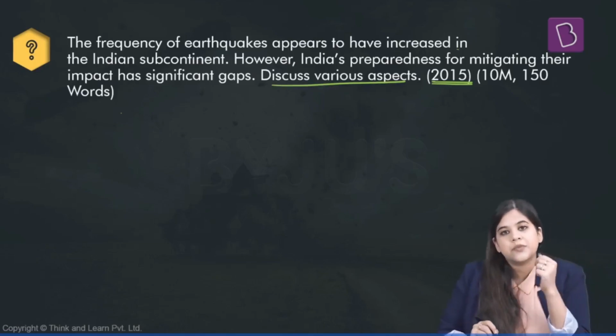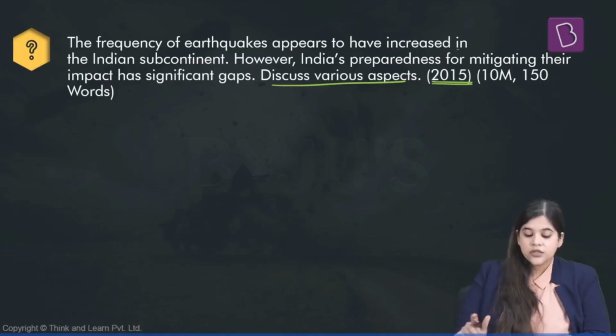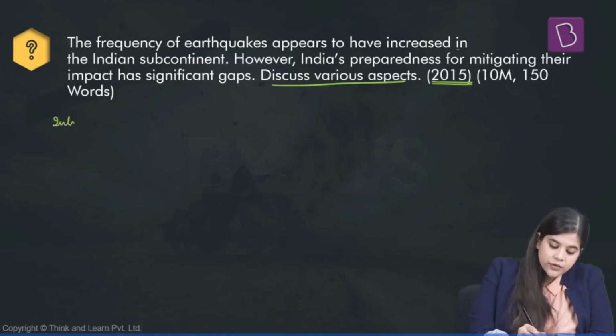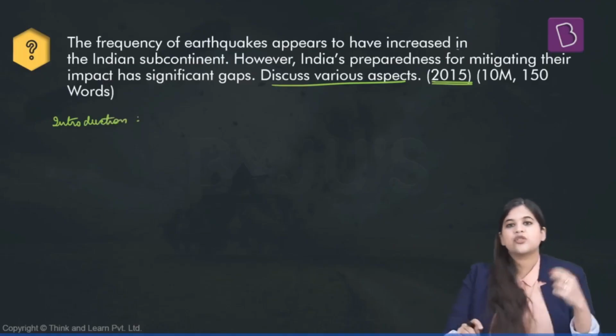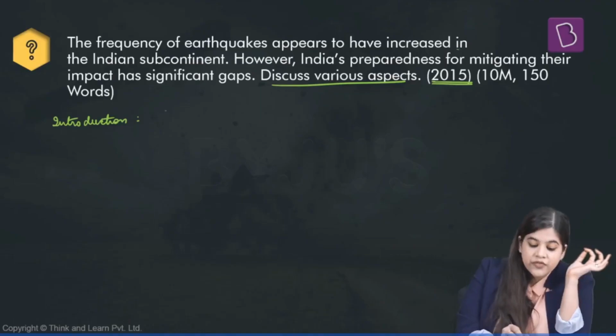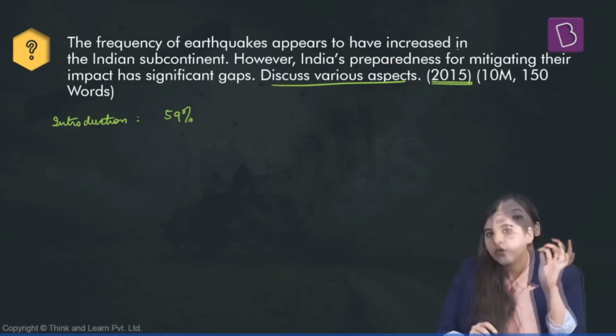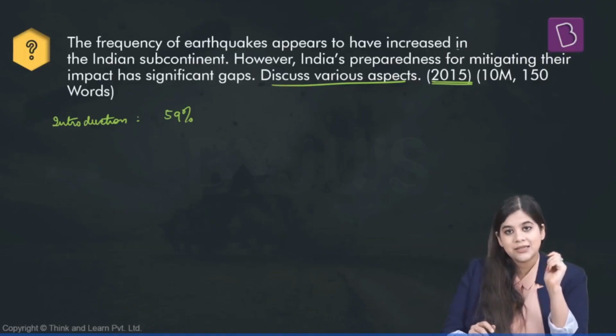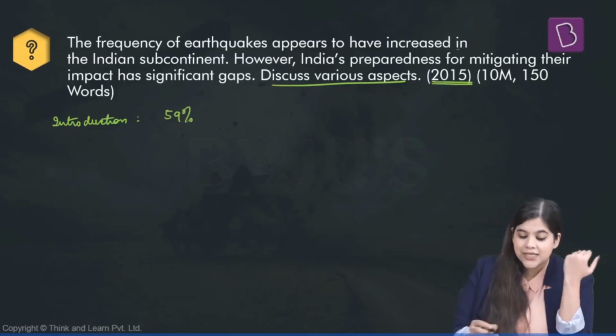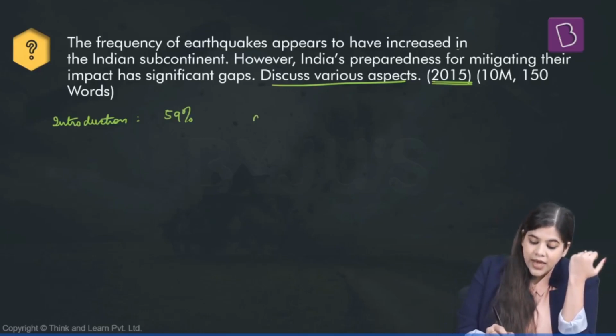Discuss the various aspects. For this question, you start with the introduction, where you can mention that almost 59% of India's land is susceptible to the impact of earthquake disasters because India lies at the alpine belt of earthquakes.